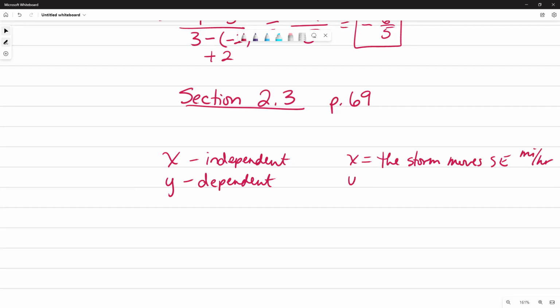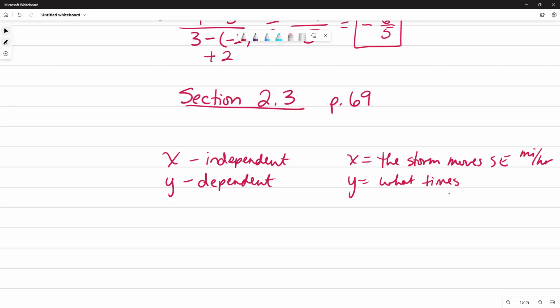And then Y will tell you what time the storm will get to landfall, maybe where it gets to population density. And so you can determine at what point that area is going to be in danger, right? So that's the kind of thing we're talking about with using the X and Y intercept.